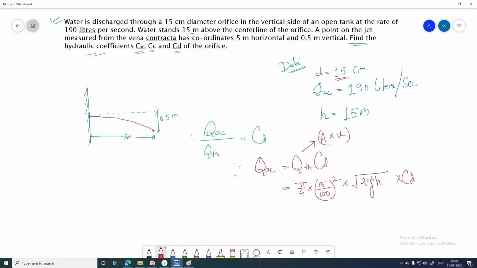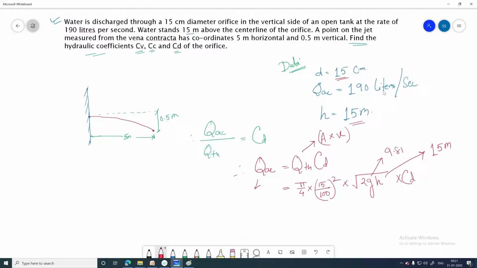We can directly put the values over here: g is equal to 9.81 and h is the head, which is given here as 15 meter. We can put all the values, and the Q actual value is also given, that is 190 liters per second.